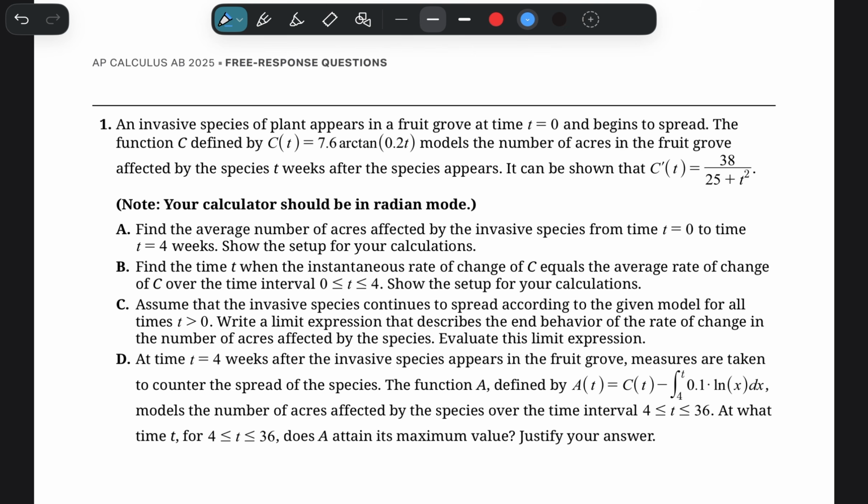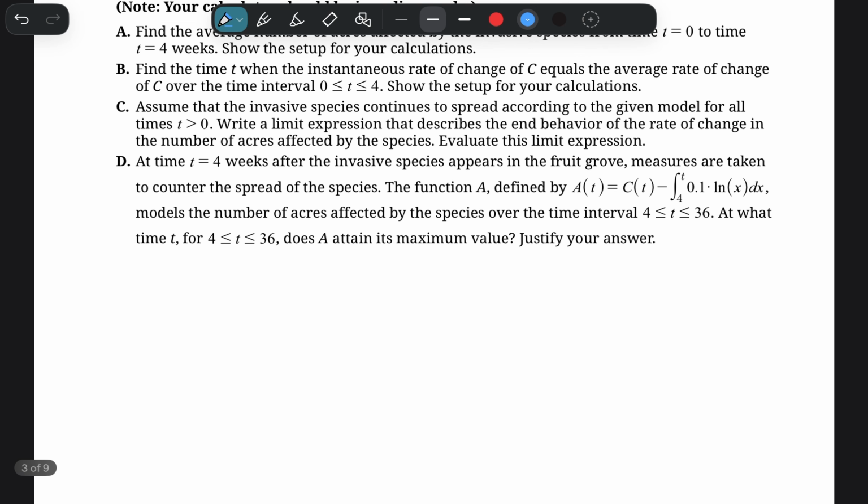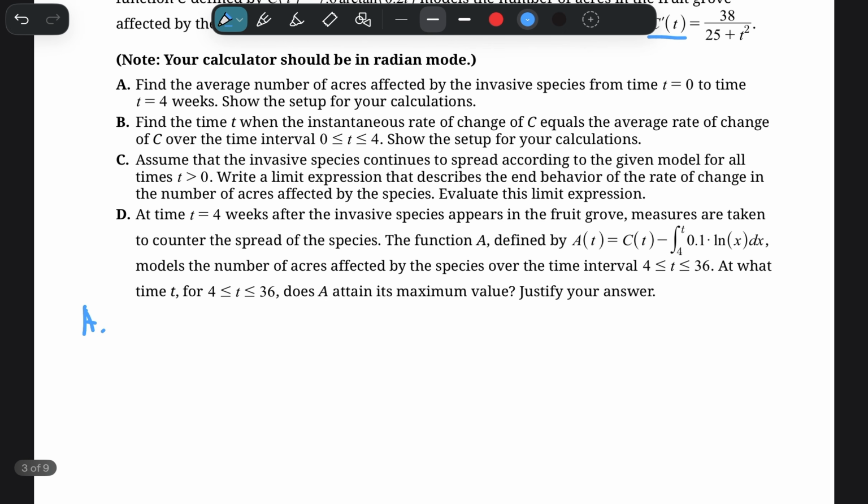So we're basically given a function, c of t, and then we're given its derivative. Now, part A asks for the average number of acres affected from t equals 0 to t equals 4. Be careful. This is average value. It says average number of acres, not the average rate of change.